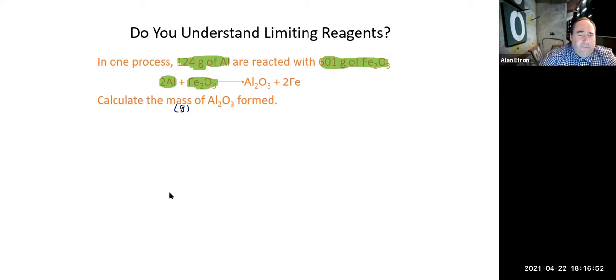So as soon as you see you have enough information to get the moles of everybody, that should really scream to you that this is a limiting reagent type problem. That's really the key to know that it is. So how do we go about this? Well, we're going to do what is sometimes referred to as an ICE table approach.